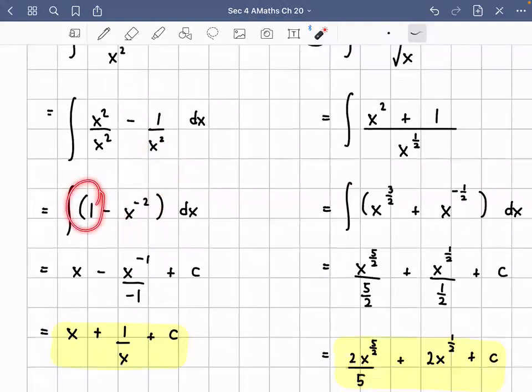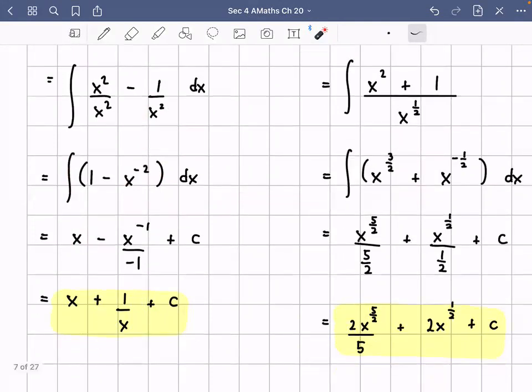It's simply x. And then minus, what is the antiderivative of this? This is negative 1, because negative 2 plus 1 gives you negative 1. So your index here is also your denominator, plus c.